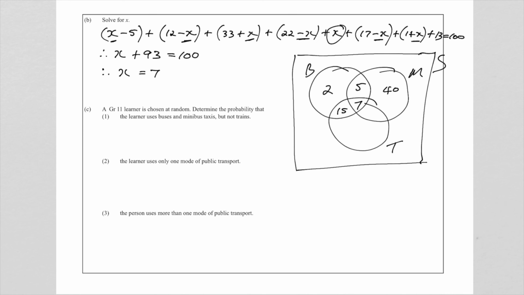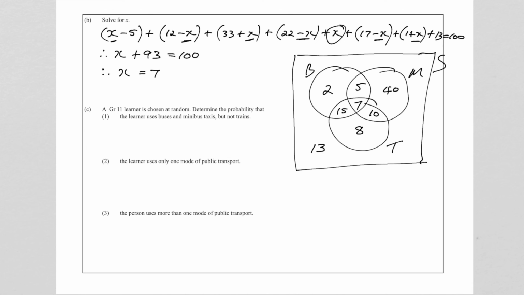This part was 17 minus x, and x is 7, so this part is 10. And then the last one is the 1 plus x, which is 8. And you'll remember it was given to us that we have 13 outside.